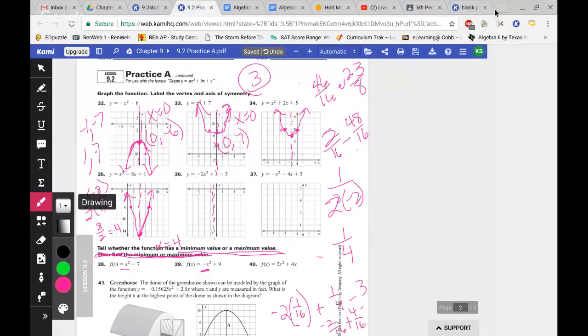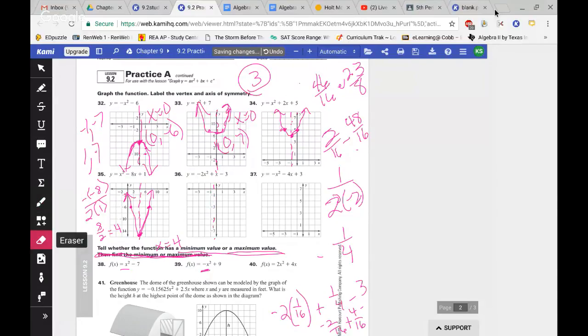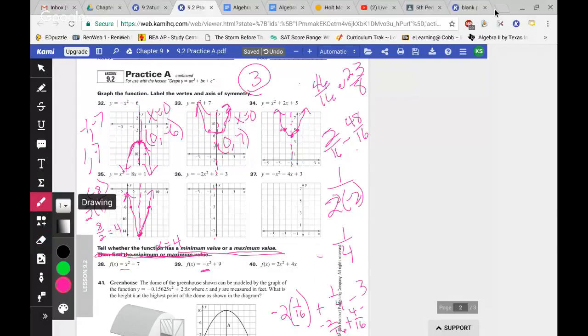I just drew it on the wrong side. And then 23 over 8 is roughly 3. So your vertex is about right above the 3. Is that what you got?